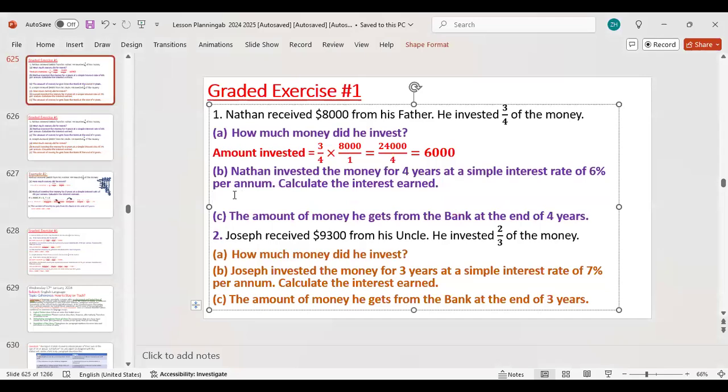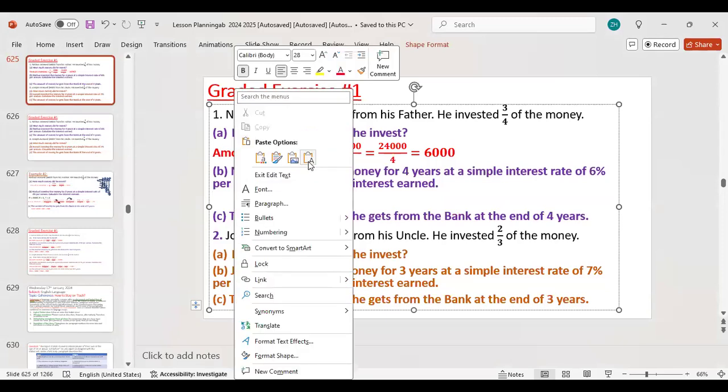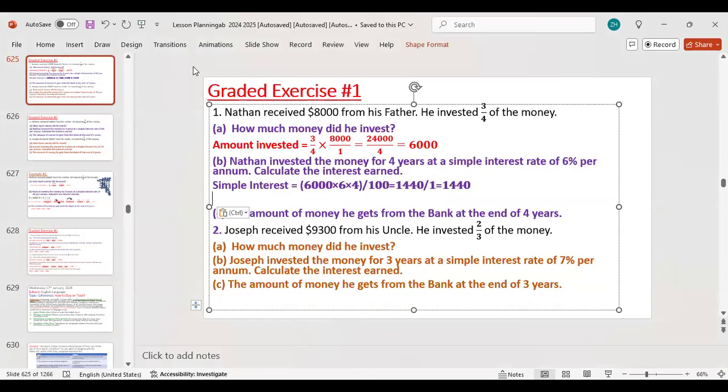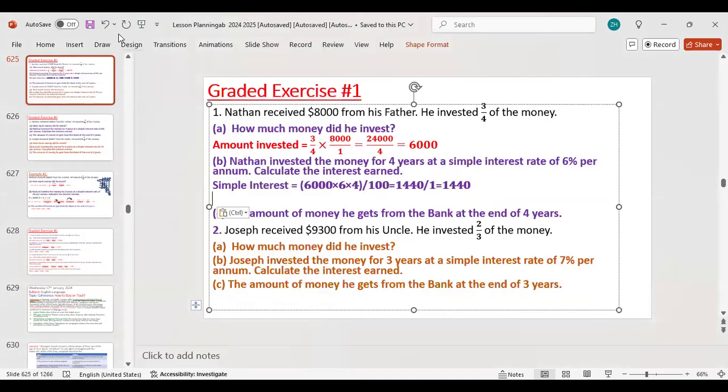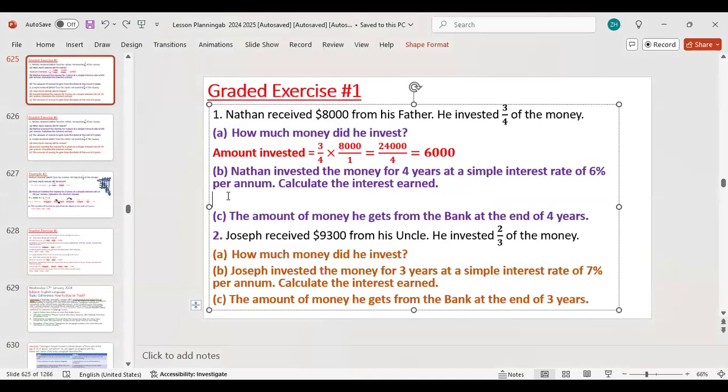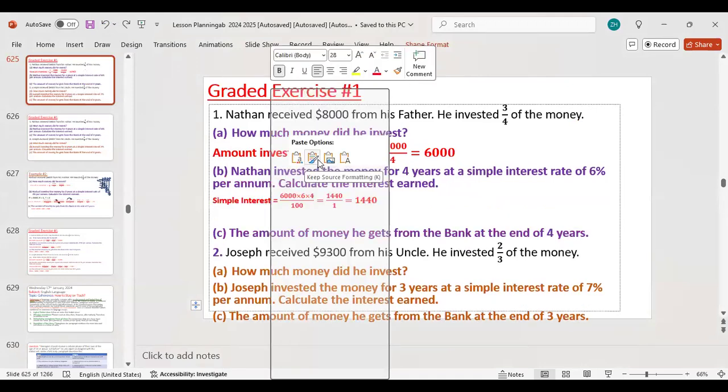So in order for us to find the simple interest, we multiply the principal by the rate by the time, all over 100. We have 6,000, which is the money he invested, the principal. We multiply that by 4 and get 24,000.